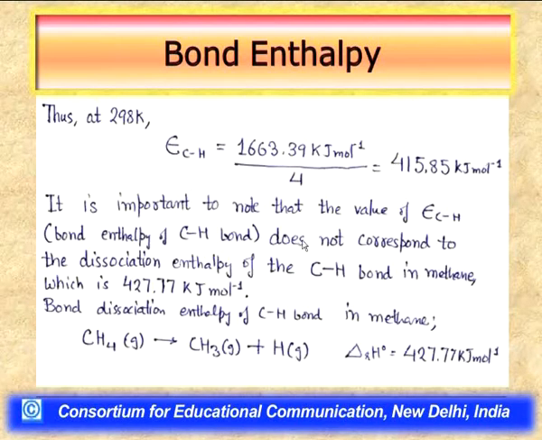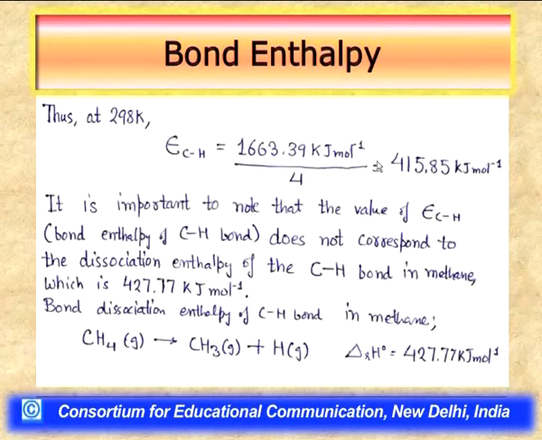Now, it is important to note that the CH bond enthalpy which we have determined in this manner does not correspond to dissociation enthalpy of the first CH bond in methane. That is, whenever the first of the 4 CH bonds undergoes cleavage, it requires 427.77 kilojoule per mole of thermal energy.